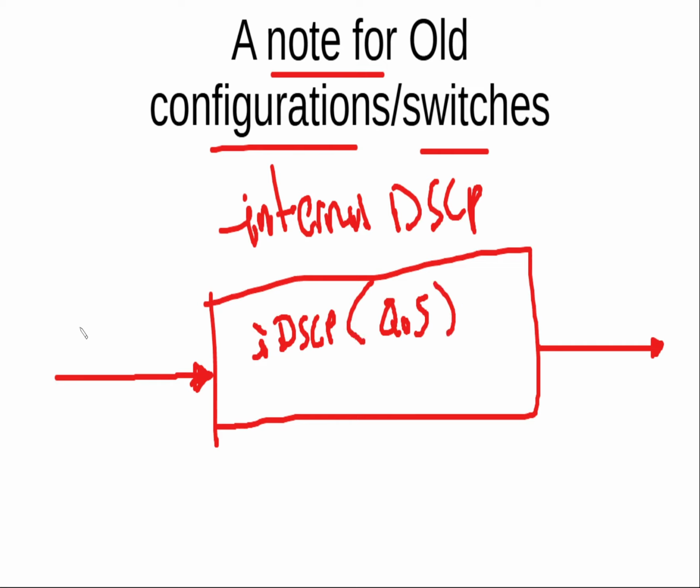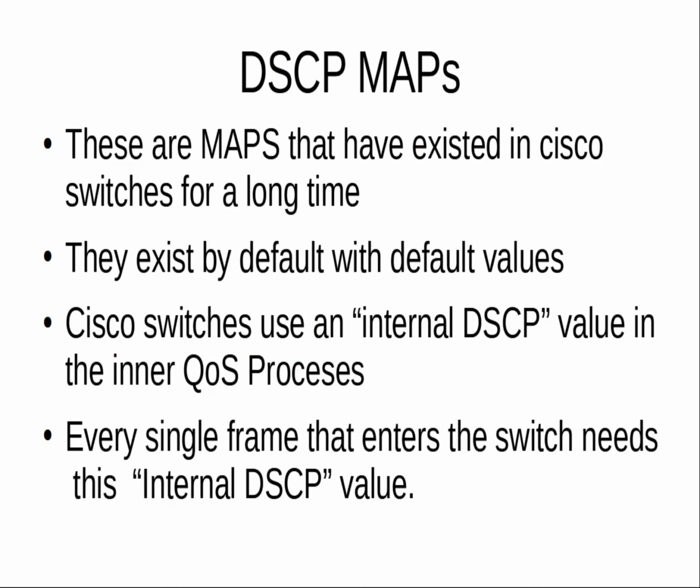So even if this is a pure layer 2 port and you are only receiving frames, you still are going to figure out an internal DSCP value for Catalyst switches. Bear that in mind. So we're going to use DSCP maps. We're going to explain what that is.